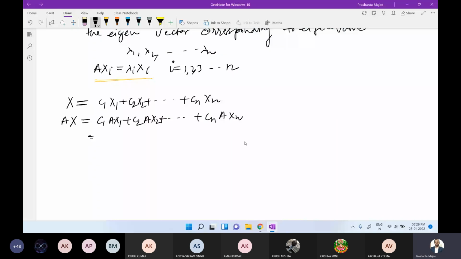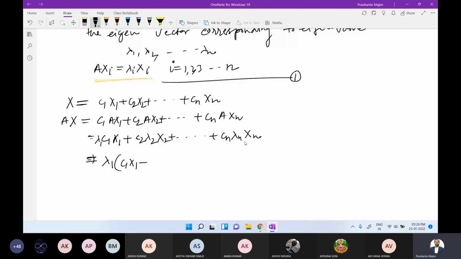So what you will get? c1 lambda 1 x1 plus c2 lambda 2 x2 up to so on cn lambda n xn. Now take lambda 1 common. So lambda 1 times c1 x1 plus c2 lambda 2 by lambda 1 x2 up to cn lambda n by lambda 1 xn.